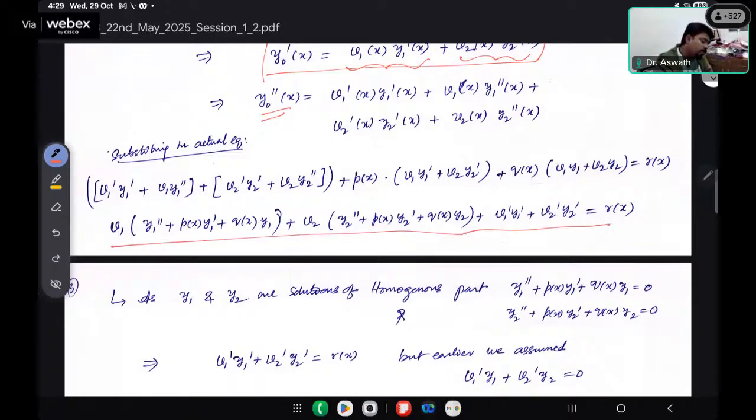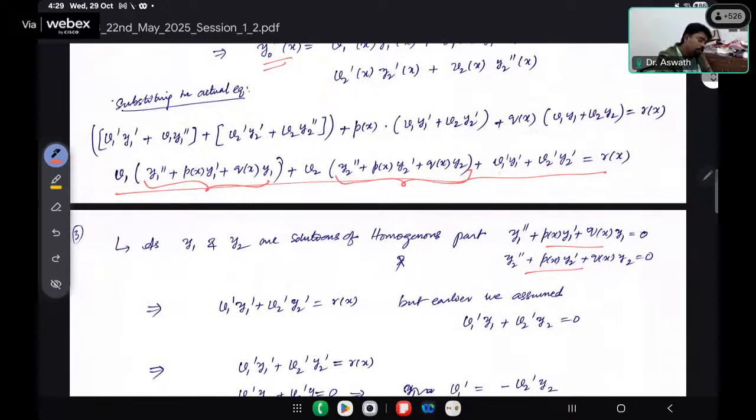Now in the final form, if you see carefully, this is a homogeneous part with y1 as a solution, and this is a homogeneous part with y2 as a solution. So both are actually 0, because homogeneous solutions mean they are equal to 0. That is what I have written here. The first two terms are becoming 0. What is left is v1 dash y1 dash plus v2 dash y2 dash is equal to Rx.